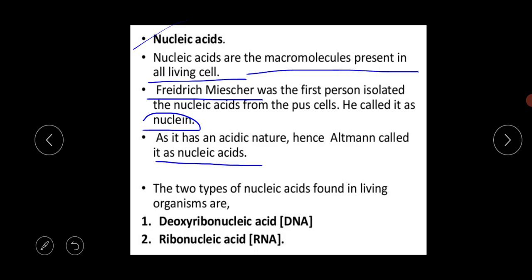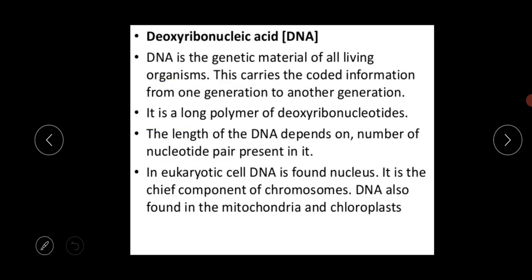I am repeating again, in our body there are two types of nucleic acid. The first one is the DNA, deoxyribonucleic acid, and the second is the RNA, ribonucleic acid. DNA and RNA are the most important genetic material nucleic acids present in our body.